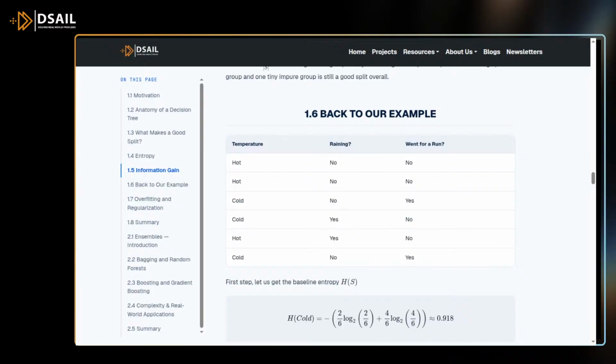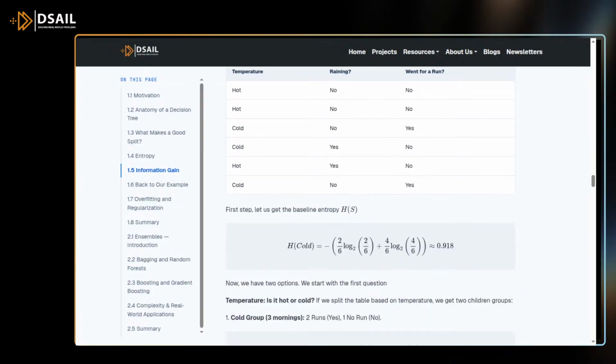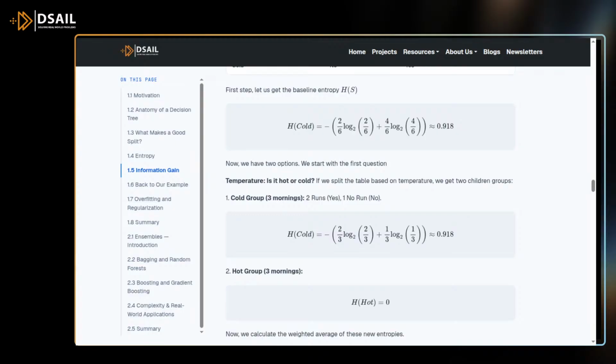I hope you are crunching the numbers. Two over 6 log to base 2 of 2 over 6, plus 4 over 6 log to base 2 of 4 over 6. You have a number? Pardon? 0.2764. Okay.